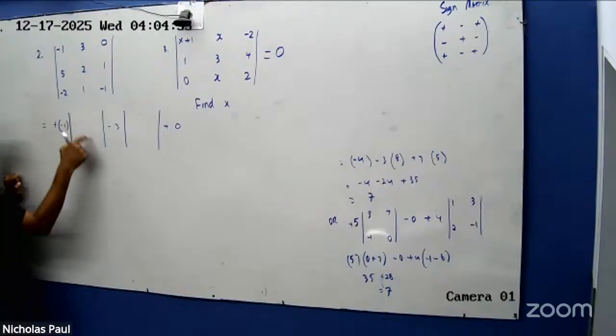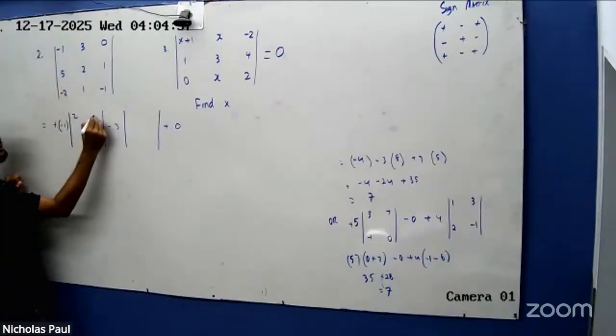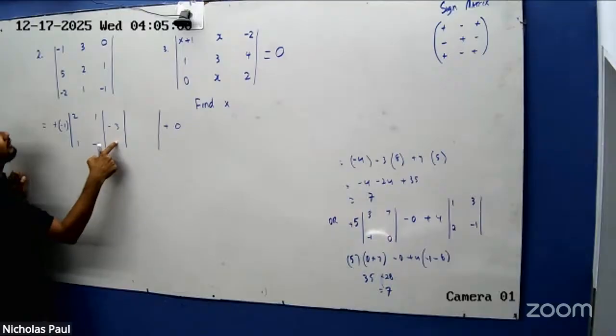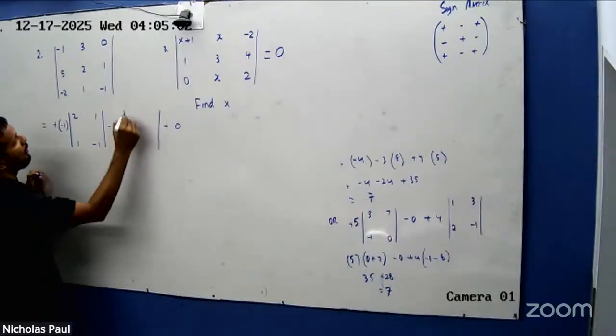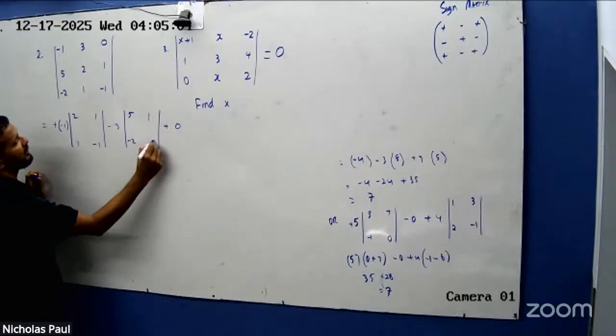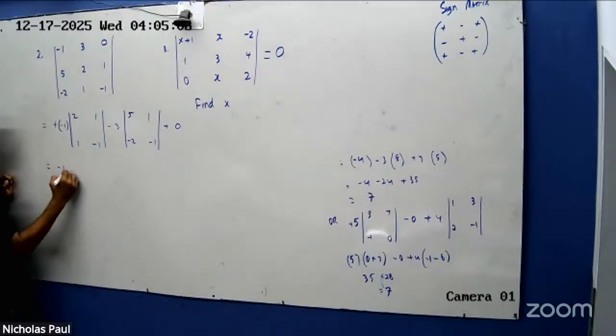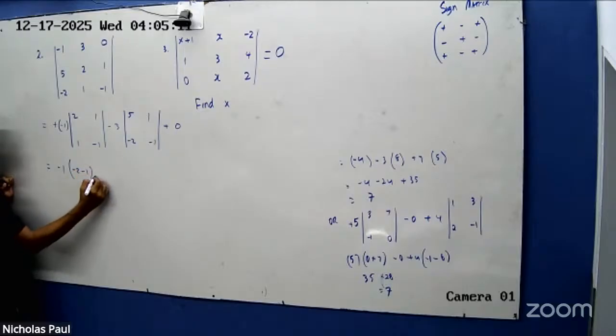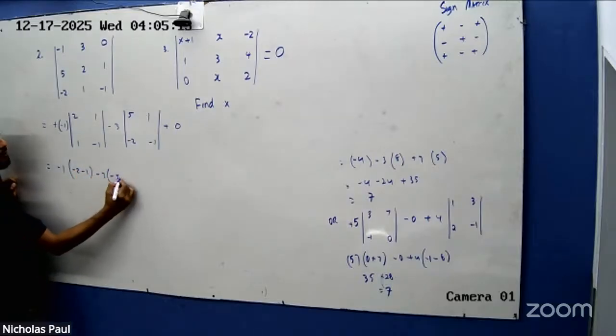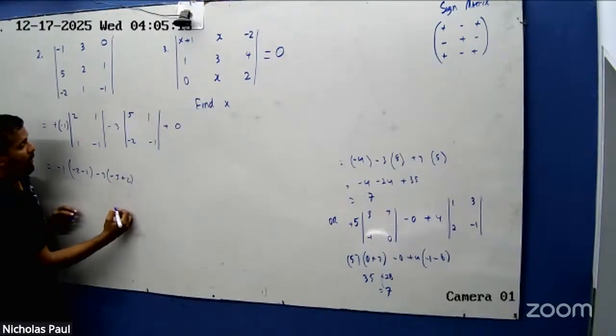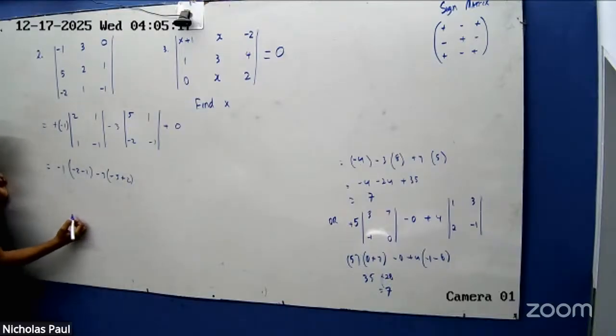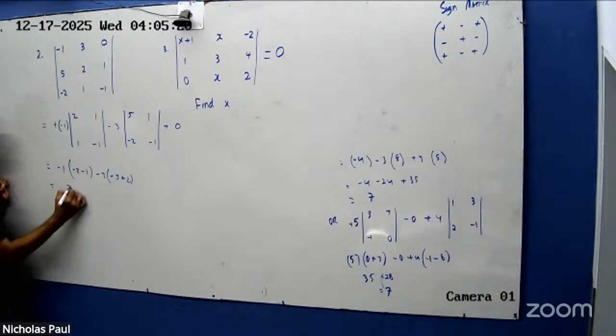Right? The minor here would be 2, 1, 1 minus 1. The minor here will be 5, 1 minus 2 minus 1. So when you work this out, I got minus 2 minus 1. I got minus 5 plus 2. So this is 3 plus 9. I got 12.